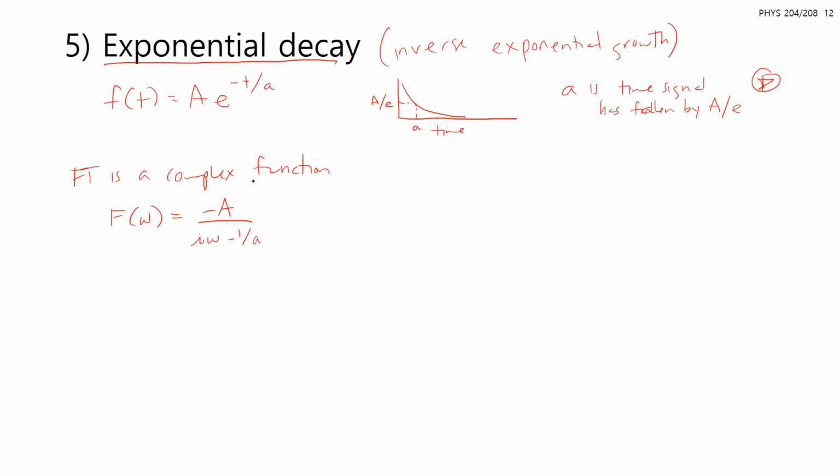We don't really want to work with a complex function. It's not easy to plot. Let's try to get a better understanding of this by taking the power spectrum. This is going to be important in lab 4 quite a bit.